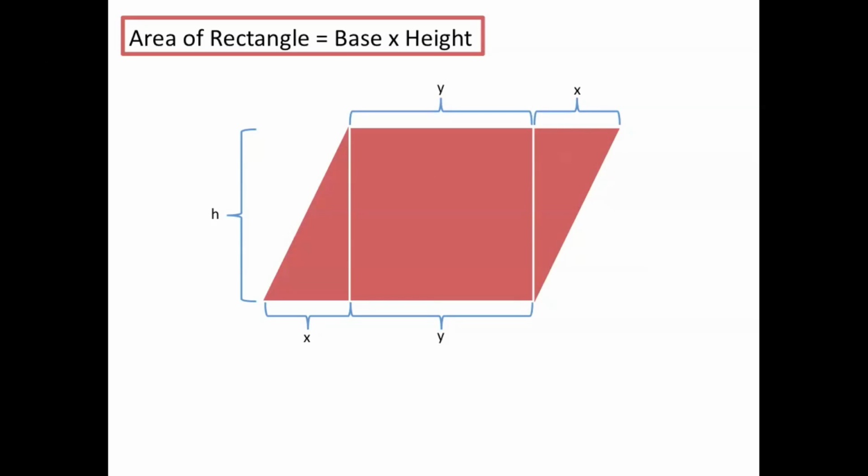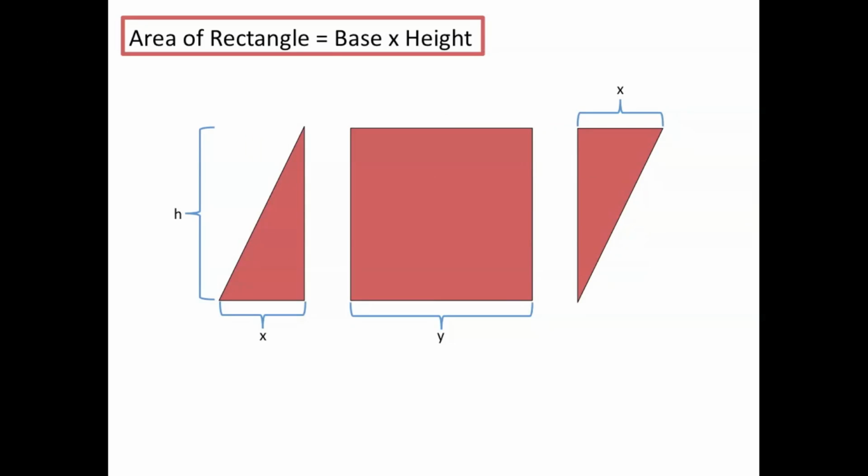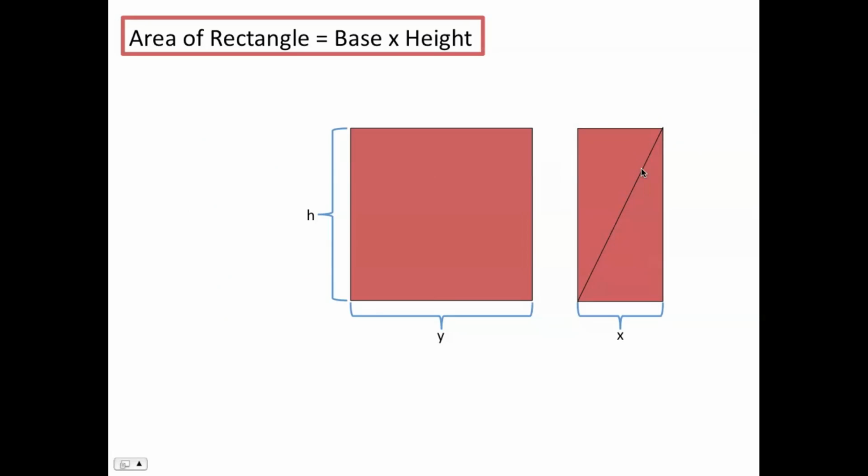So now that we denoted each of the sides' lengths, let's move the triangles away from each other, and let's bring this triangle right here closer to this triangle. And by doing that, we end up with two rectangles. So this rectangle has a height of h and a base of x, and this rectangle has a height of h and a base of y.